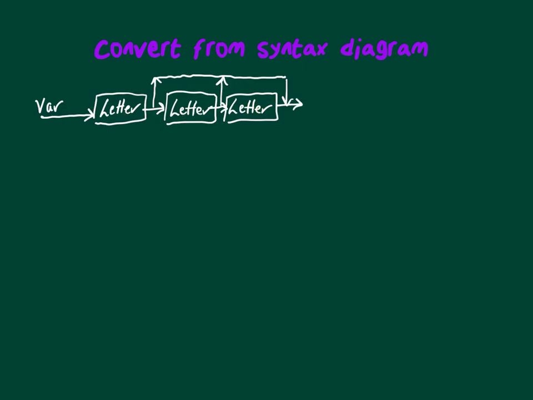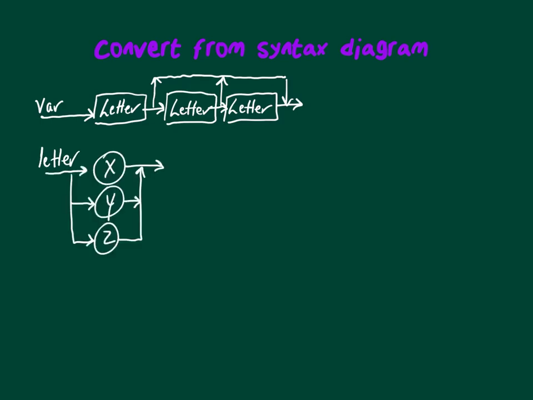Okay, so there's only 3 possibilities here, but this up arrow above the other 2 letter boxes means that these 2 are optional. And just to define the second part of the previous example, we had to define what a letter was. Here we go.